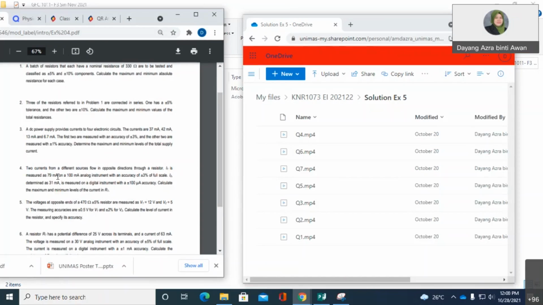So bear in mind this one is not just directly 3% out of 75 milliamp, so you need to do the step by step first. But for digital, we have a digital instrument with around 100 microamp accuracy. We have 31 milliamp for the I2. So calculate the maximum and minimum levels of the current in R1, for question number 4.